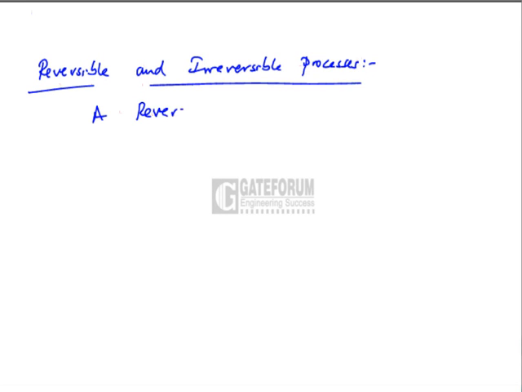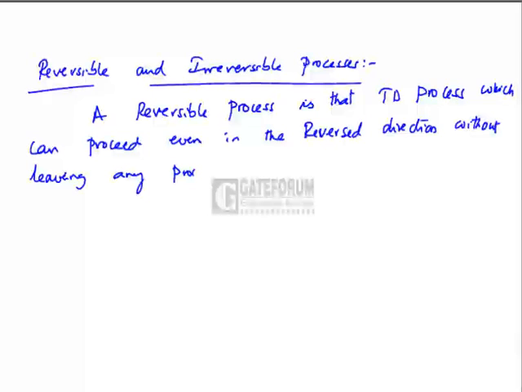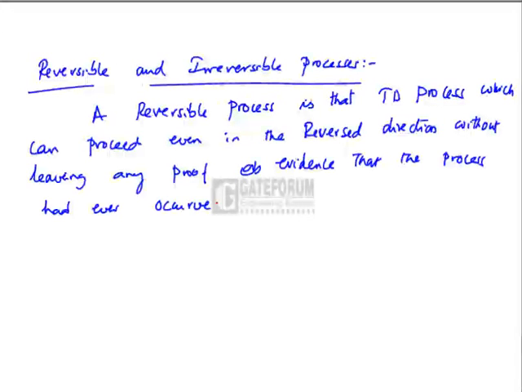A reversible process is that thermodynamic process which can proceed even in the reverse direction without leaving any proof or evidence that the process had ever occurred.